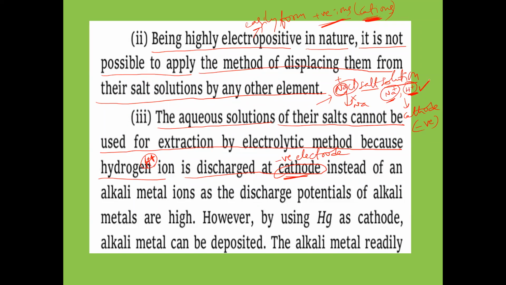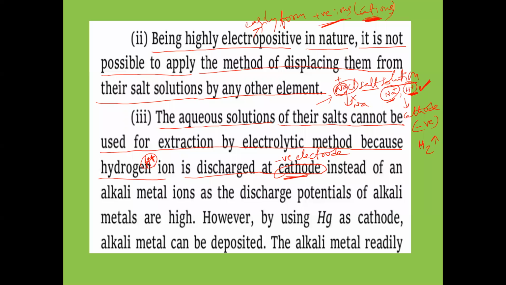H plus will be discharged because it is less metallic. H plus is less metallic than sodium. So H plus will be discharged and hydrogen gas will be released here. At the cathode, which gas will be released? Hydrogen gas, because H plus ions will be discharged, but Na plus cannot be discharged in the form of sodium metal.